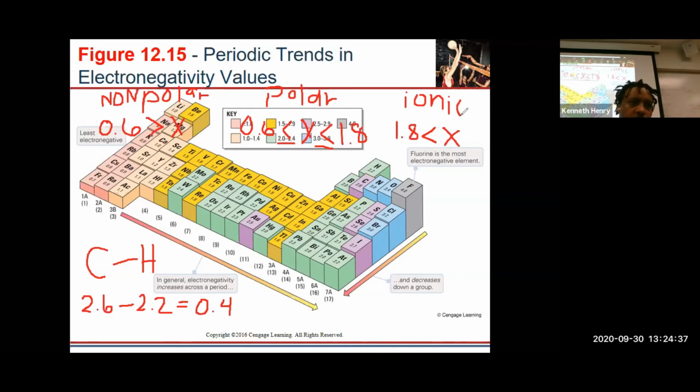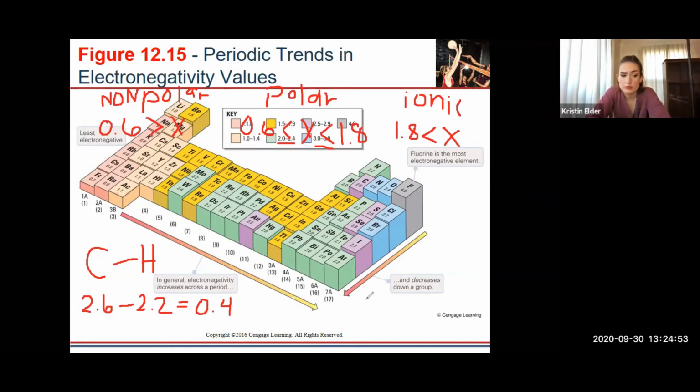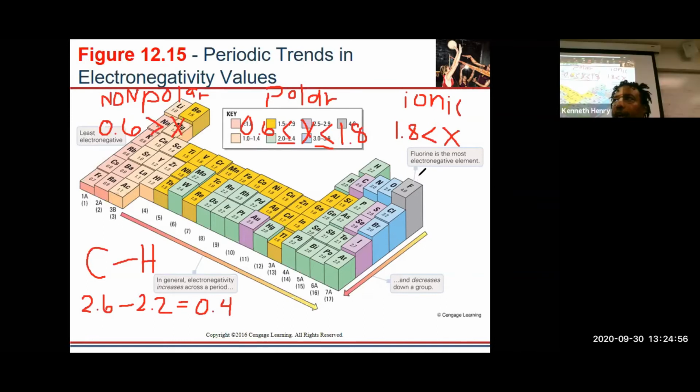That's the simplest way of doing it. But if we want to put numerical values on it, this is how we'd go about it. So our value here is 0.4. Is that going to be a polar bond or a nonpolar bond? Nonpolar.